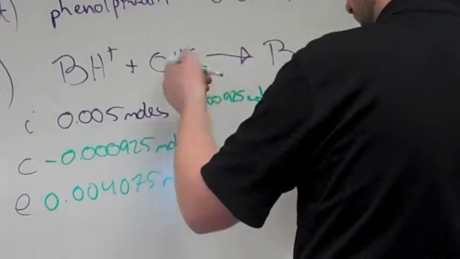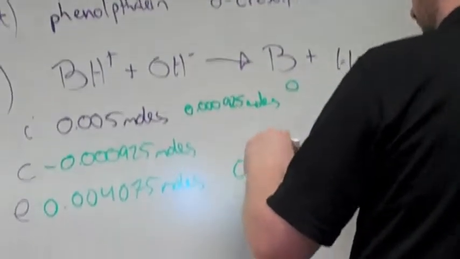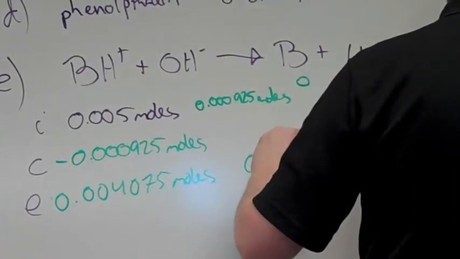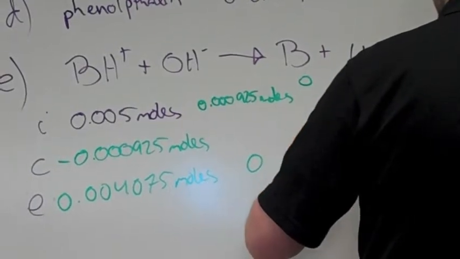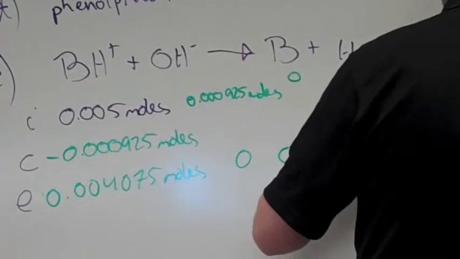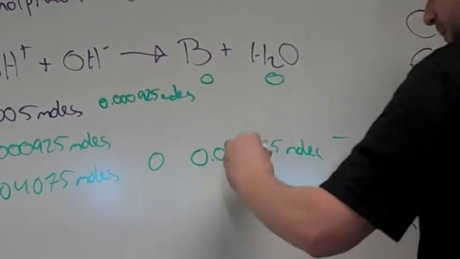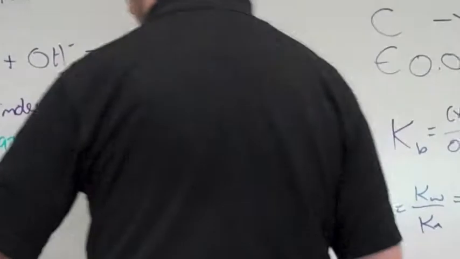And of course, we're not going to have any hydroxide left. It's all going to react. And we're going to produce some of the base, which is going to be 0.000925 moles, and then water we don't care about. So we have this much of the base, and we have this much of our acid.